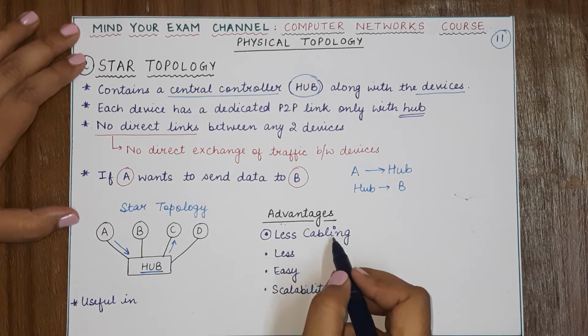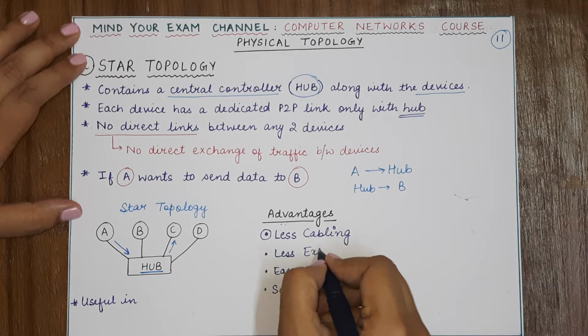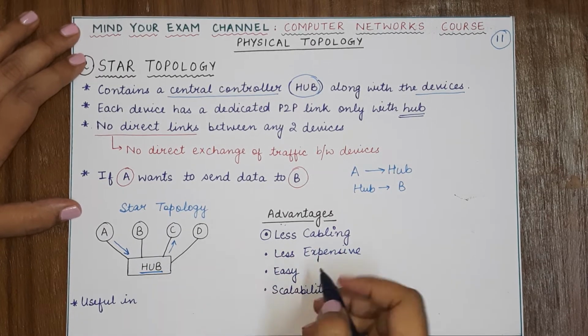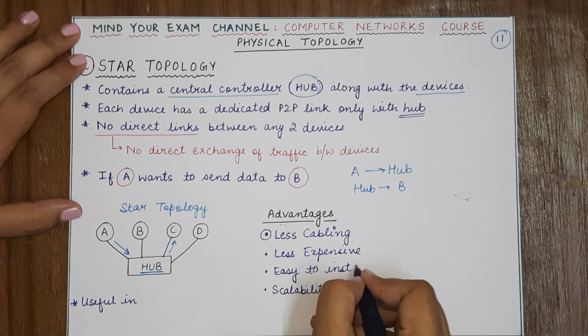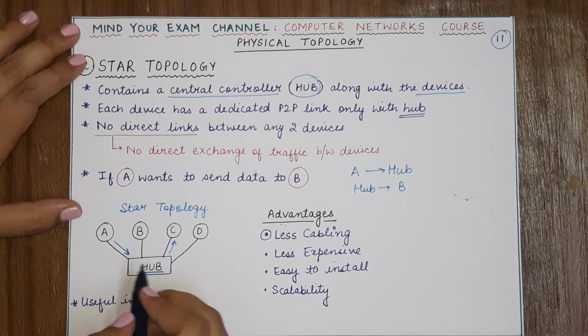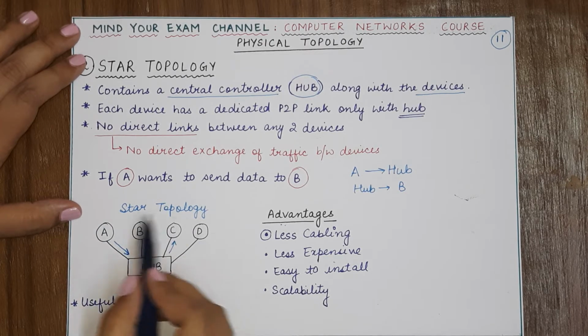So this reduces the amount of cabling, and therefore this topology becomes less expensive. Also, it is very easy to install all these devices. You just need a central controller, which is the hub, and a single wire, the physical medium that will be connecting the device to the entire network.